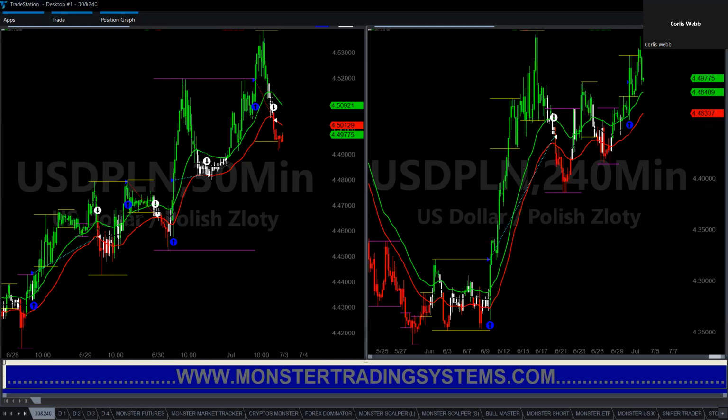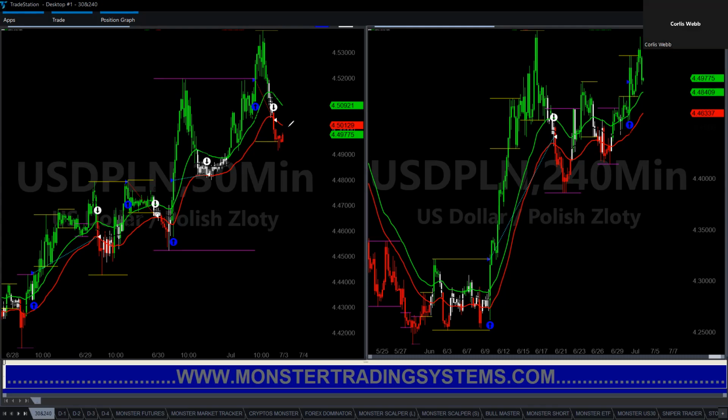We've got a buy signal right here by the system, and that's still intact. And then we had a buy signal here on the 30-minute, and it closed here. We got a sell signal to exit. So what's your question again?